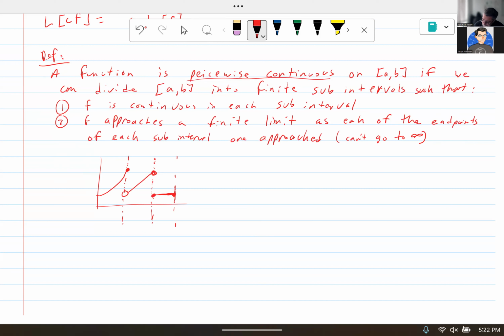We can't go off to infinity. So this is called piecewise continuous. What is not piecewise continuous is if we have three subintervals, and something goes off to infinity or has an asymptote, then that is definitely not piecewise continuous.